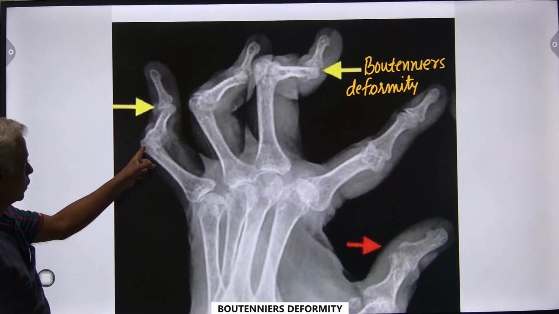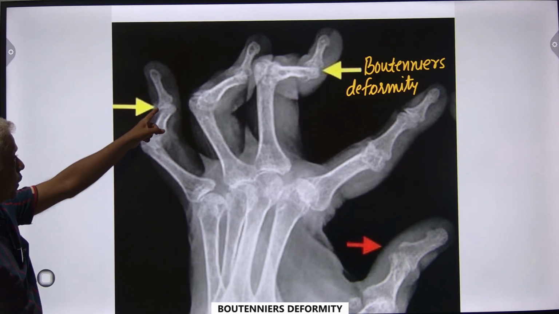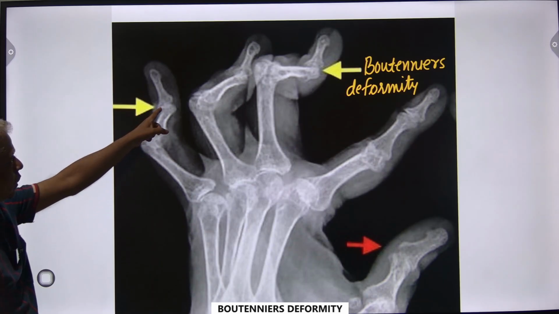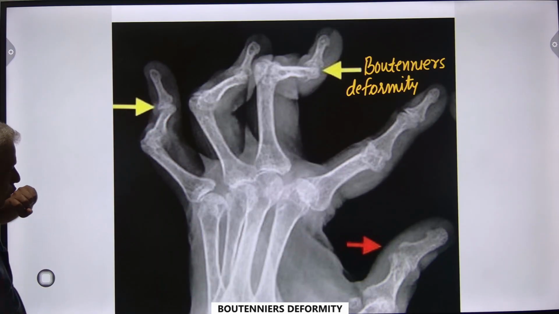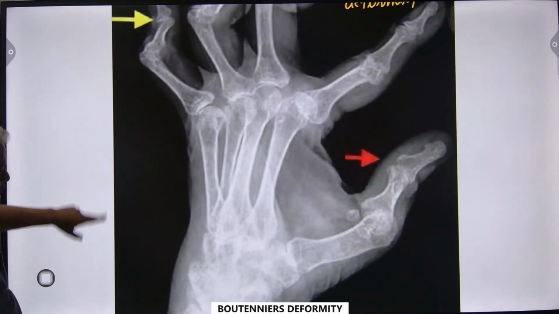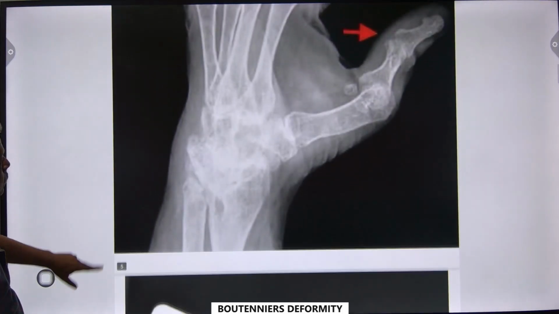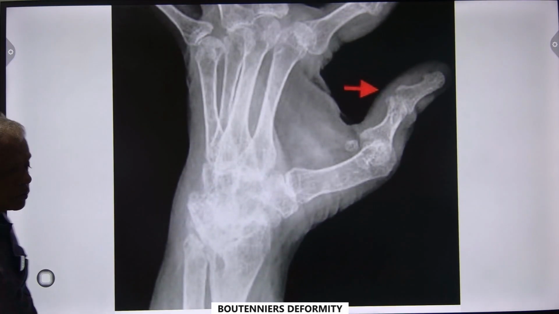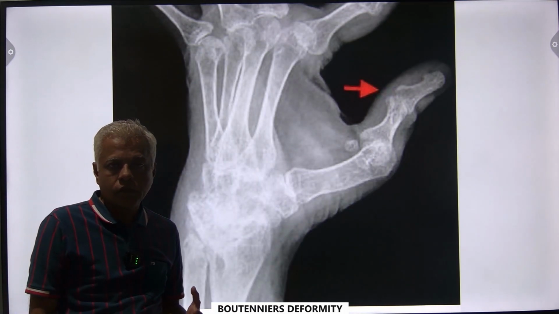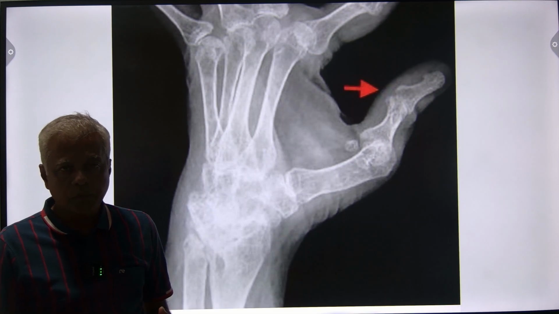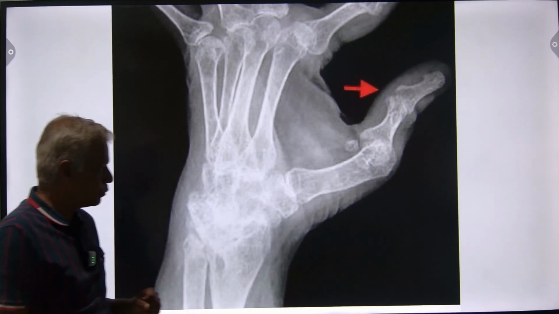Similarly here, we have a flexion at the proximal interphalangeal joint and a hyperextension at the distal interphalangeal joint. So with these two images, I think the concept of Boutonniere's deformity is clear in your mind.